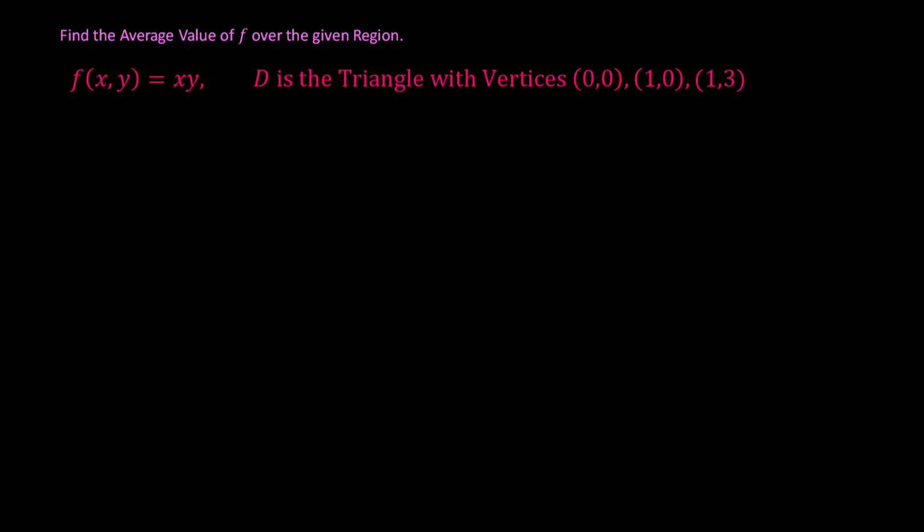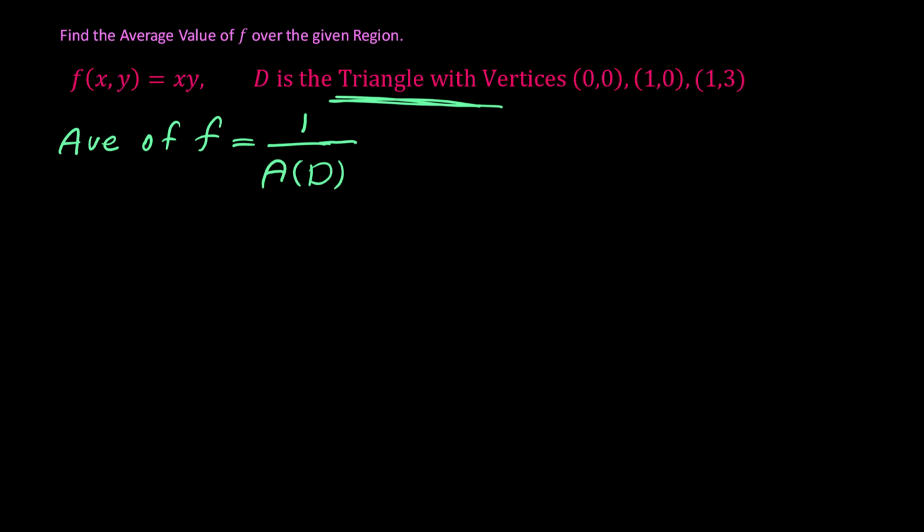Let me remind you the formula for average value of a function over a region. Average value of function f, for example, over a region is 1 over area of that region, times by double integral of the function, whatever the function is, over the region.